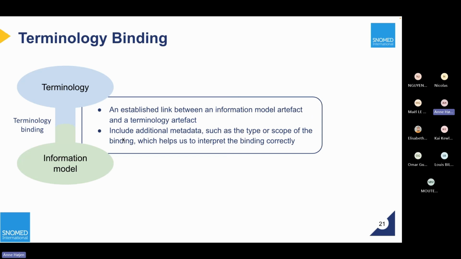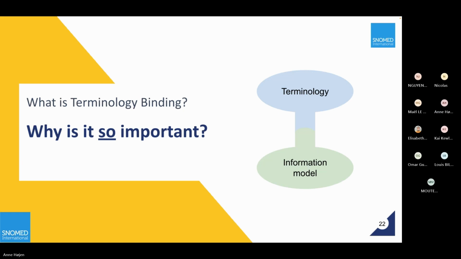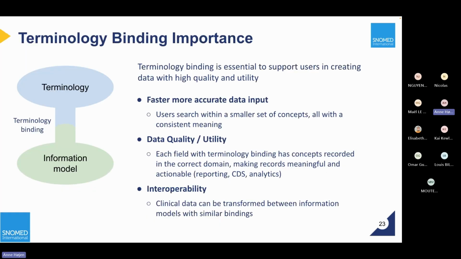Terminology binding, in general, is a link between a data or information model artifact and a terminology artifact, with the additional metadata that is required to interpret the binding. And why is this important? Overall, it is essential so that we can have high quality data that can be utilized.